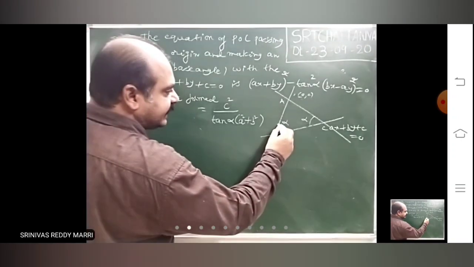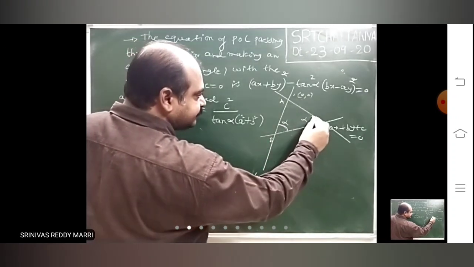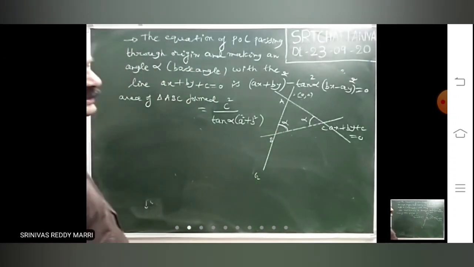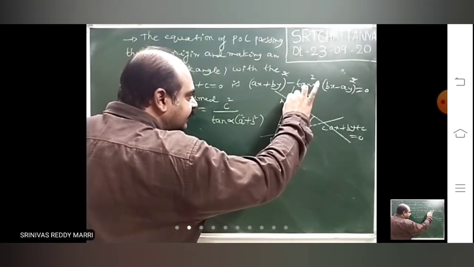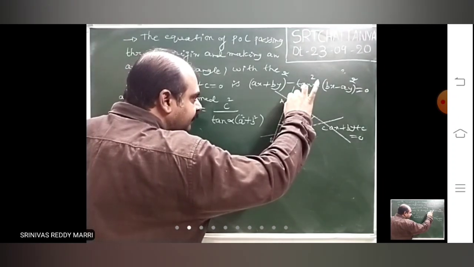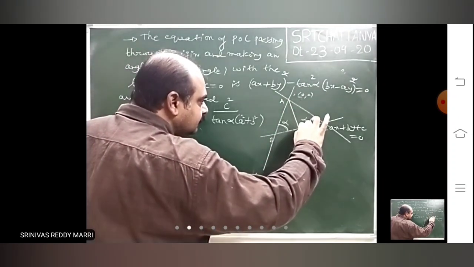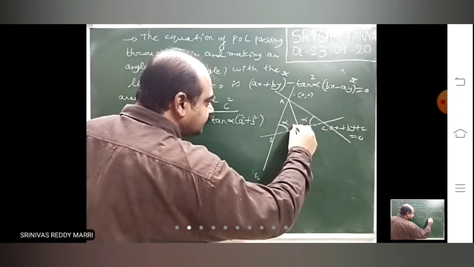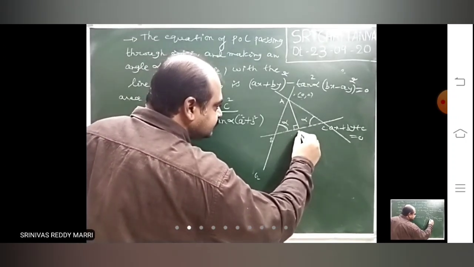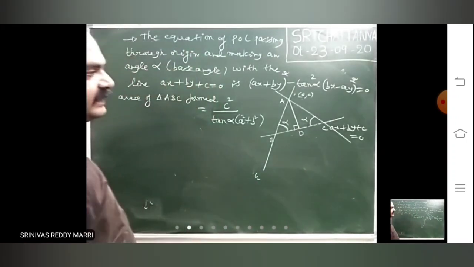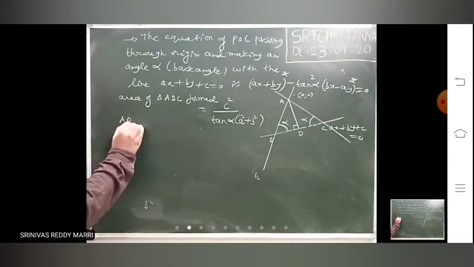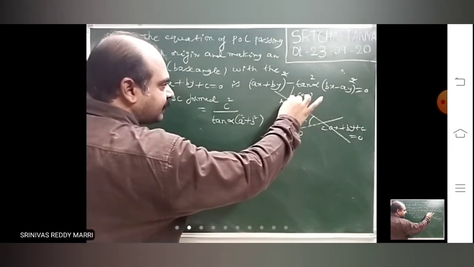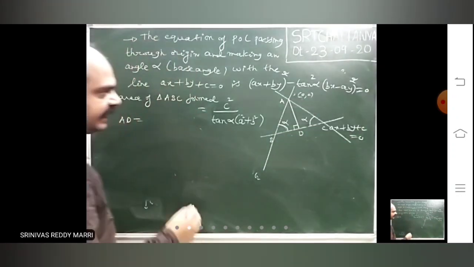Look at this, these are base angles, which means it is an isosceles triangle. Now I am finding the area. Drop a perpendicular from A upon BC, let us say this is D. Now AD is the perpendicular distance from origin to the line.